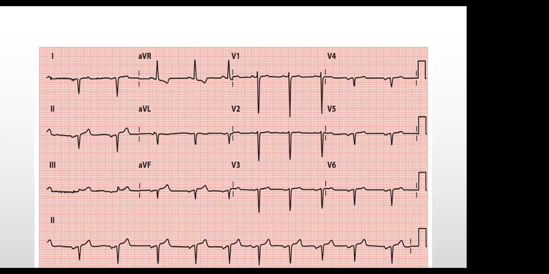Potentially. The cause of the poor R wave progression is the reversal of the heart, because the heart is on the right. Remember that R wave progression goes from the right to the left, because the left tends to have more cardiac activity, so it tends to be higher.